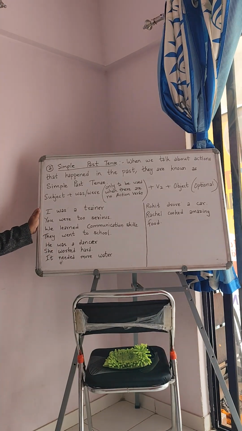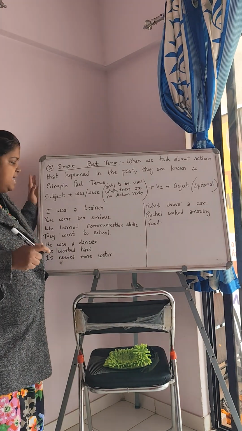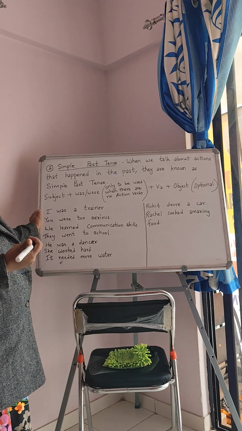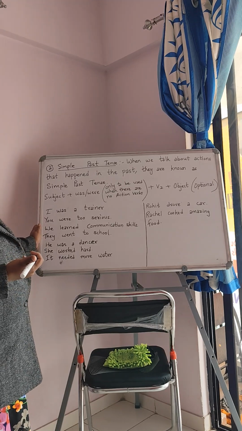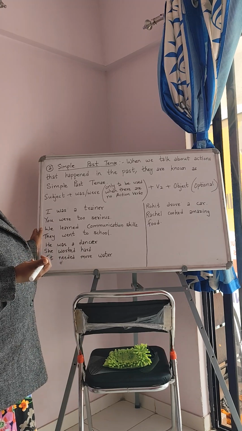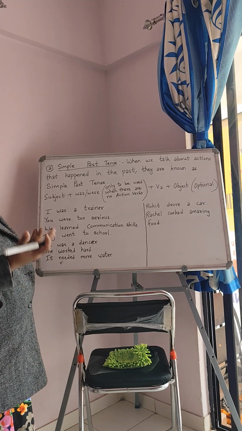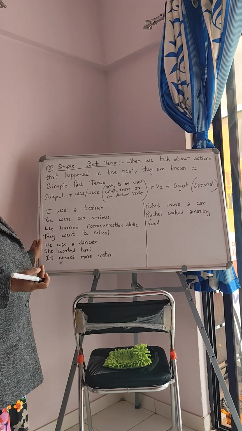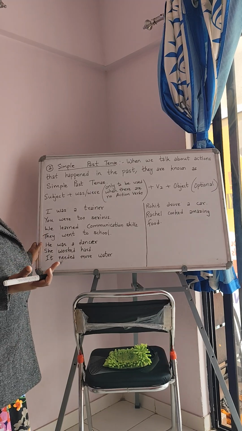Now, the same examples that we discussed yesterday have been converted according to the simple past tense formula. I am a trainer became I was a trainer. You are too serious became you were too serious. We learn communication skills has become we learned communication skills. They go to school has become they went to school.